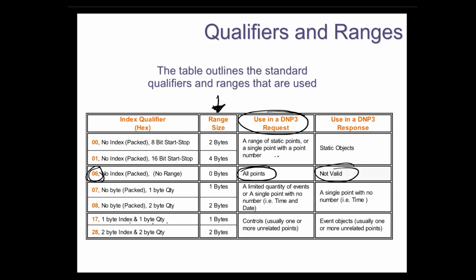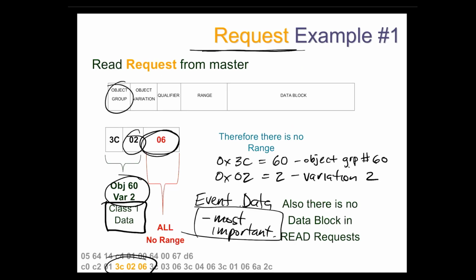So for a request, 06 means that our range field is 0 bytes, so there is no range field. Notice how it says 06 is all points and no range field. So what it means is if there's no range field, we're just going to go directly into our next object header.